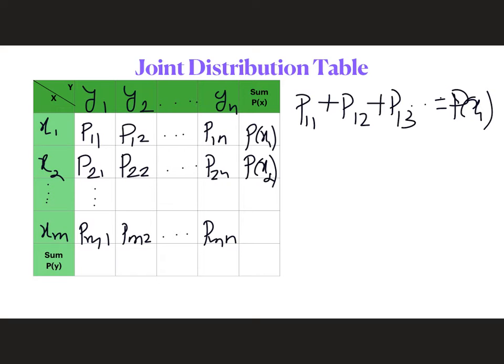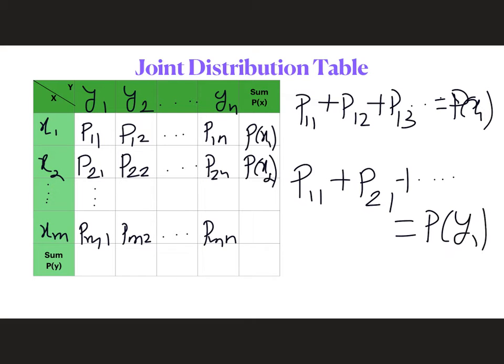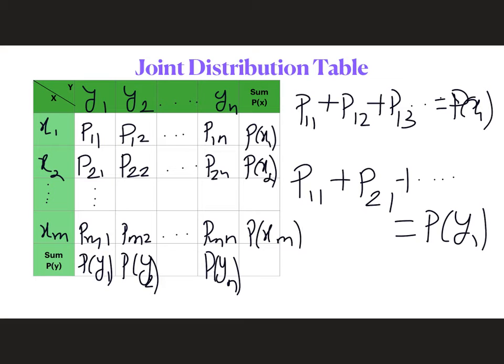Similarly, adding vertically, column wise: P11 plus P21, as you can observe here, and so on, equals P of y1. Adding vertically gives P of y2, up to P of yn. This is P of xm.